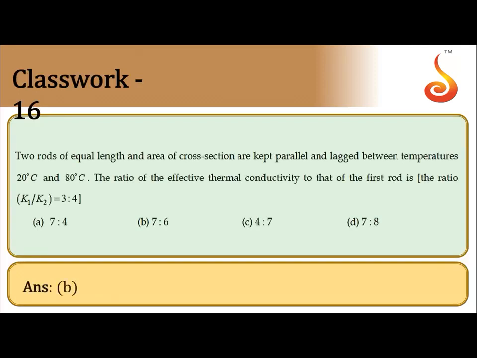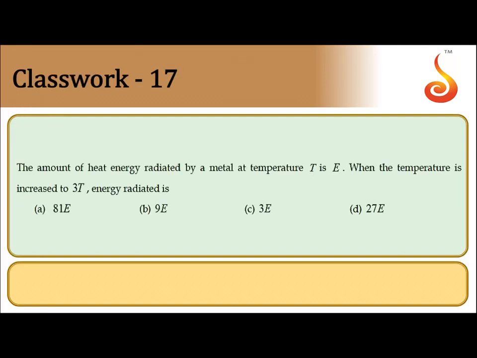Yes, with that we'll move on to next one. The amount of heat energy radiated by a metal at temperature T is E. When the temperature is increased to 3T, energy radiated is. So we know that energy radiated by a body, if I call it as some E, it is proportional to T to the power 4.